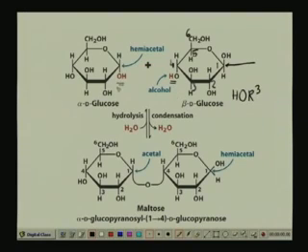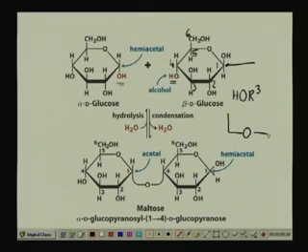Why alpha? Because this is alpha. So what is it going to look like? It is going to look like this. It has to come down. Why? Because it's alpha. And depending on the OH orientation of the C4 carbon, this is going to be up or down.